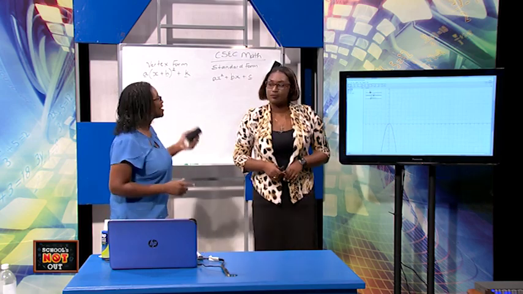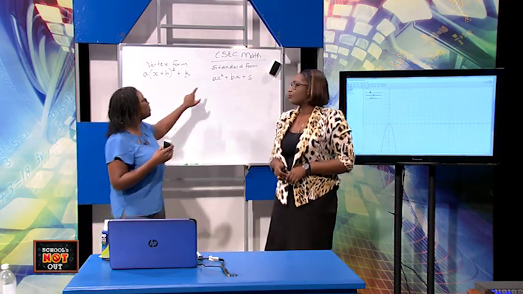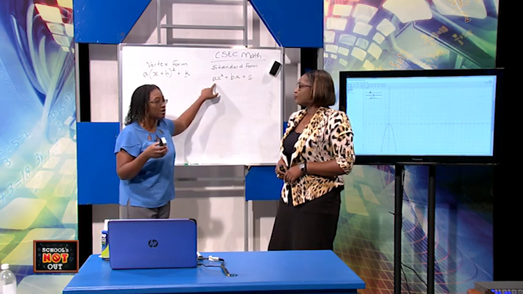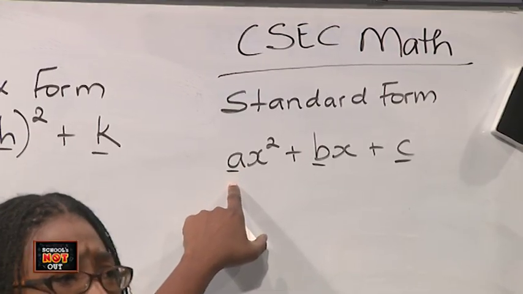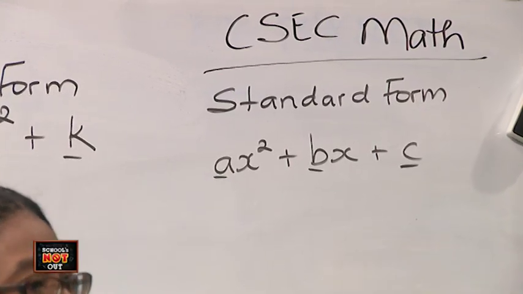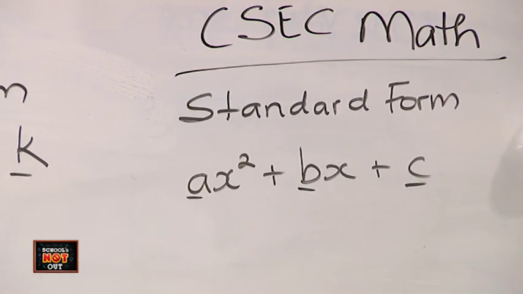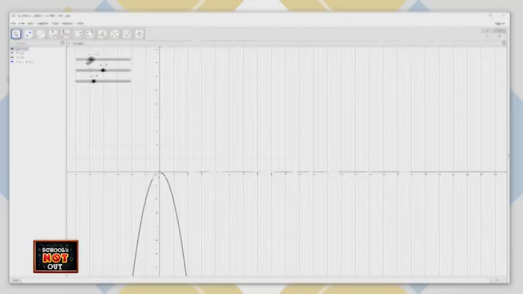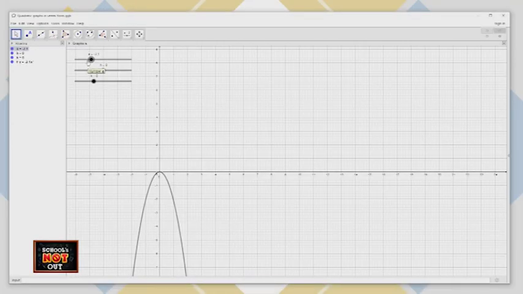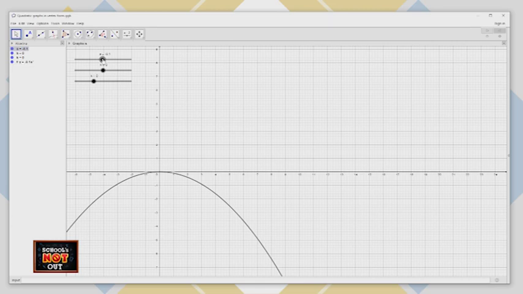Now, I wrote this here because I want us to focus a little bit on the standard form. What would happen if our A value is 0? So let's see what happens. So we're going to zoom back to the screen and see what is happening when our A value is 0. All right, so we see our graph widening.